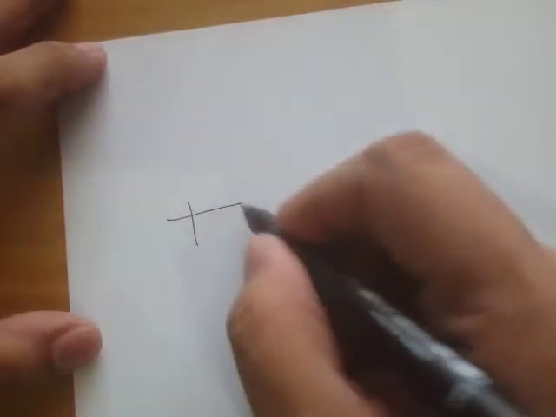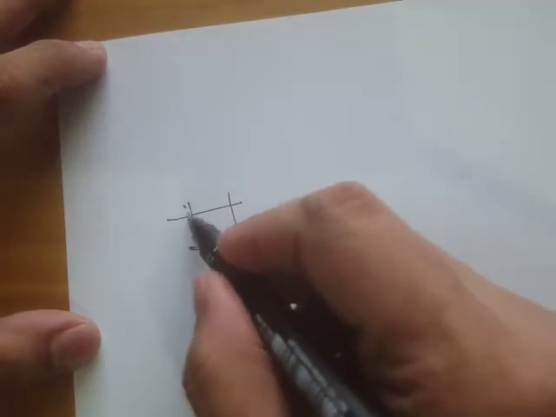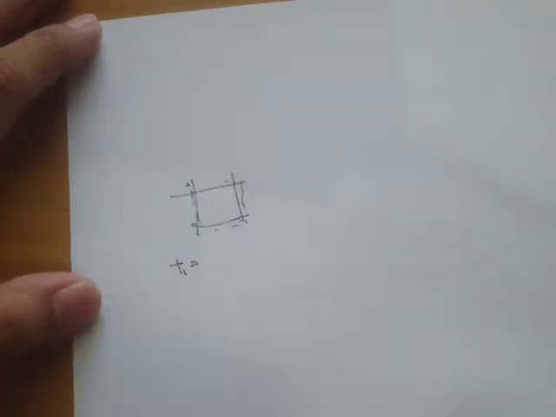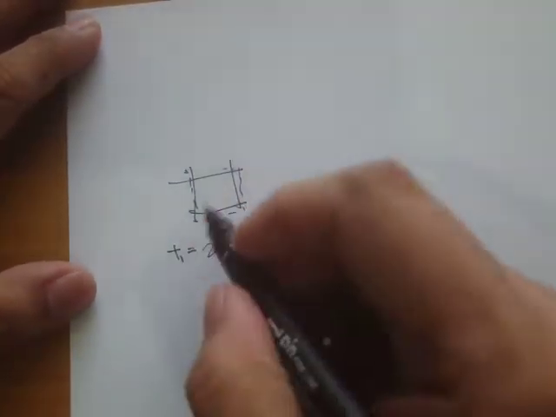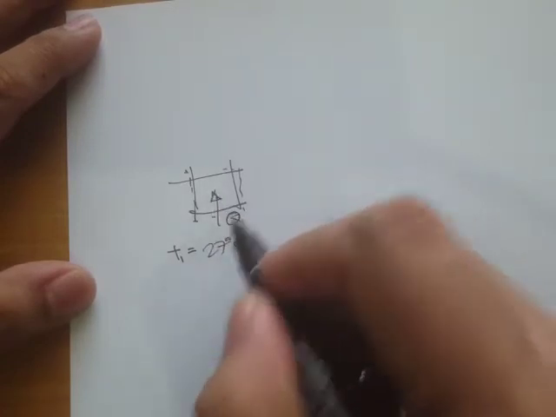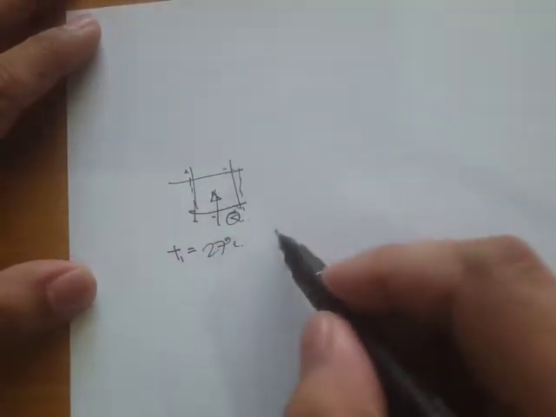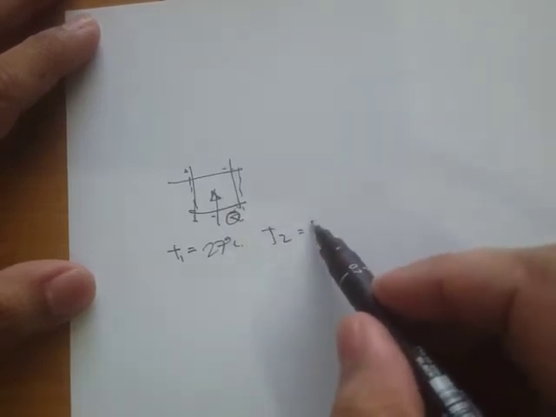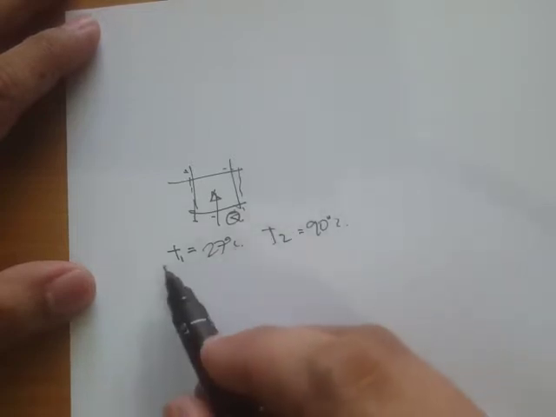If heat is added into that cup of water, then the temperature of the system will rise. Let's draw it here: here is our system, a cup of water, initially at 27 degrees C, and then we add heat. There's going to be a change in the temperature of the system. Let's say the final temperature becomes 90 degrees C or something, right?